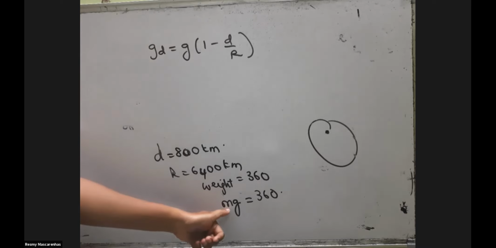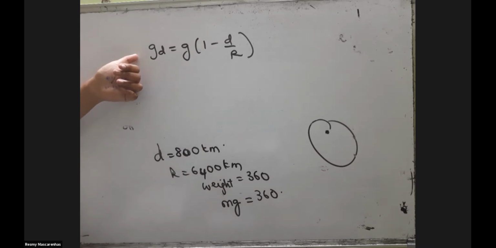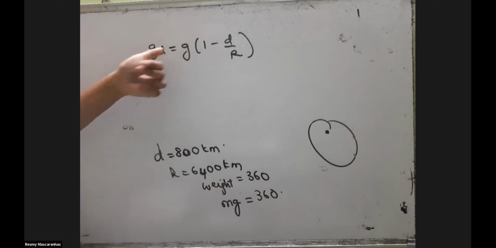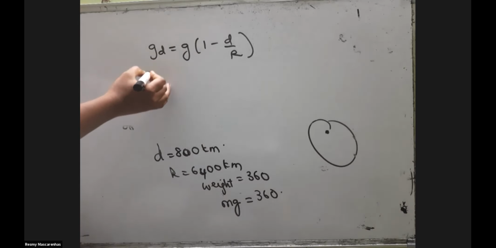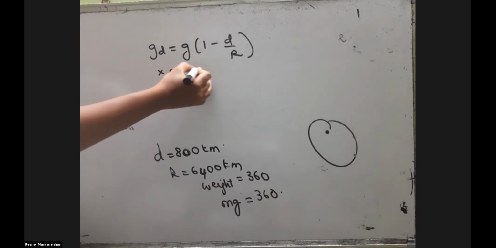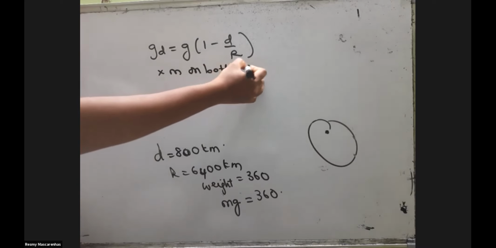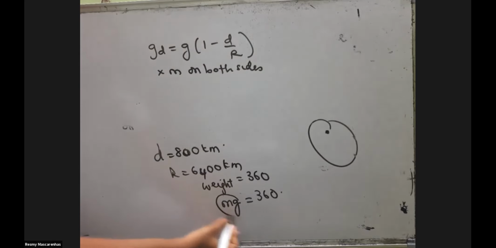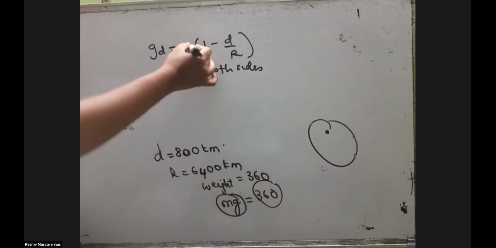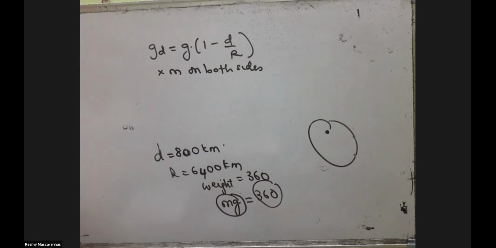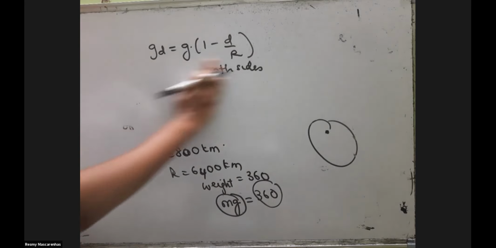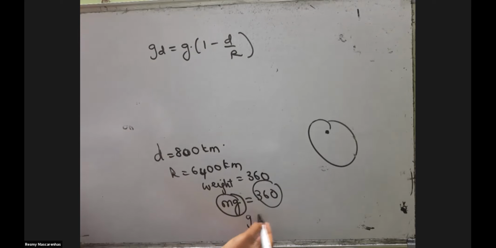Now there is mg here. So same way there will be mg. If we want mg, what we'll have to do? Nothing but multiply by m on both sides, because we know only mg is 360. G we would not know. Or you can take the other way around also if you get confused. What is g? Nothing but 360 upon m.